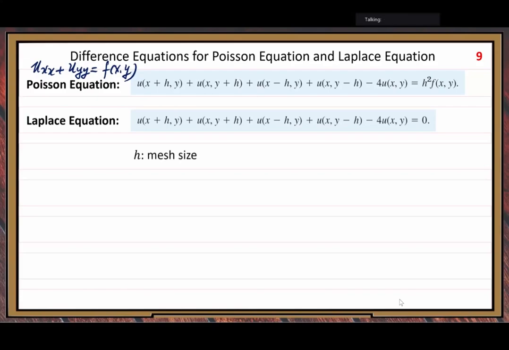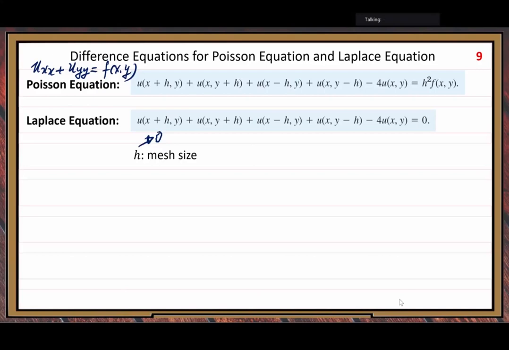We call h the mesh size. To have a good approximation, we want to make h very small, going to 0, because people want to study the convergence: whether the solution you find in this approximation way converges to the final real solution.